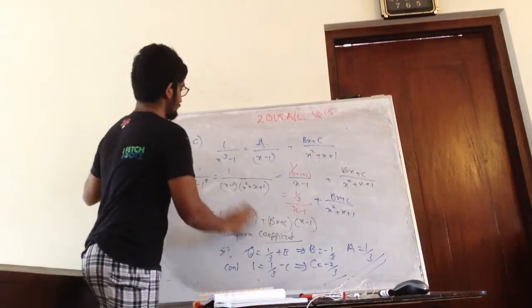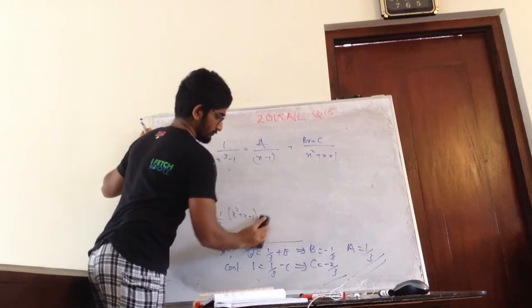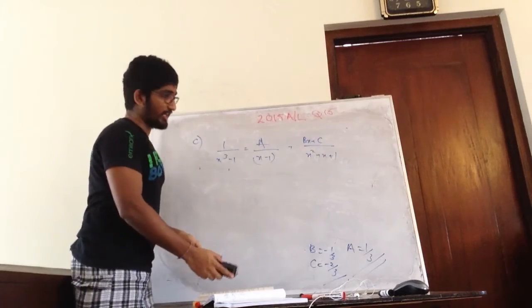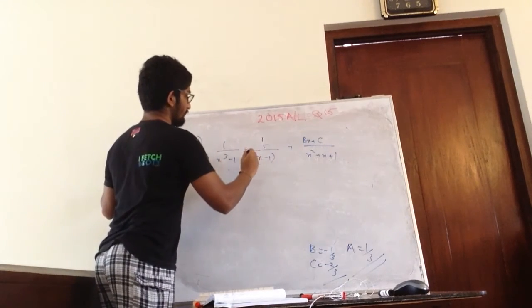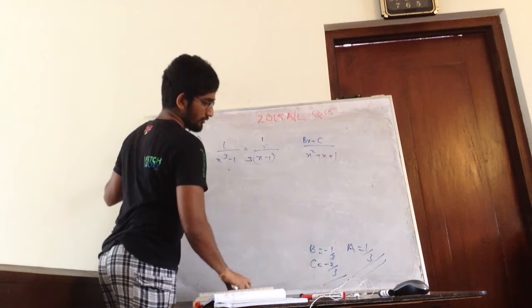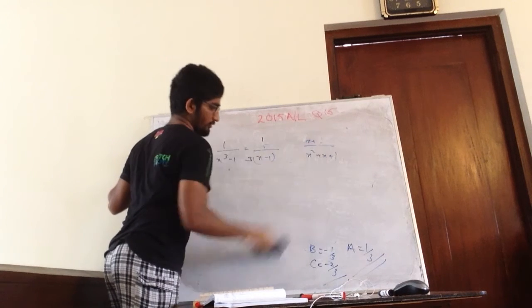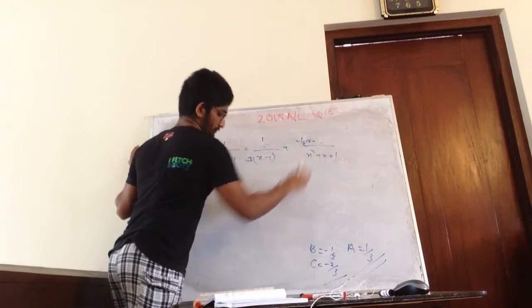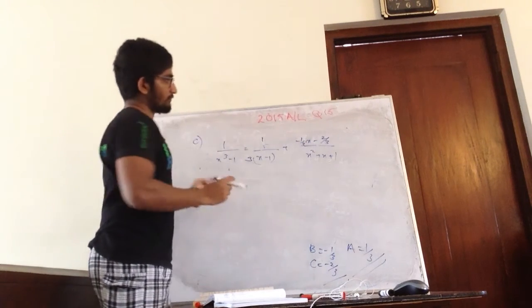Okay, so now we can write this as 1 over 3 times, this is going to be minus 1 over 3, minus 2 over 3.